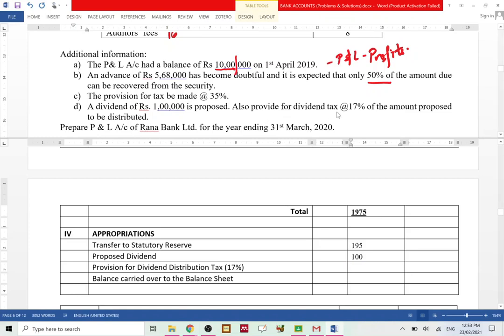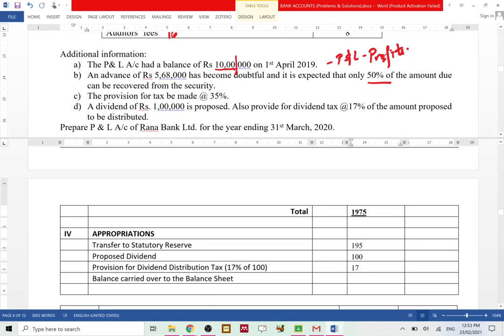Then also we paid some dividend tax at the rate of 17% on the dividend that we have distributed. Alright. So 17% of that 100 is 17. Correct? So 17%, I will write it here, of 100 is 17.